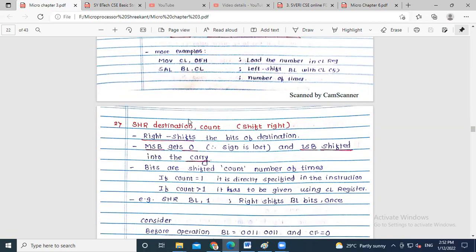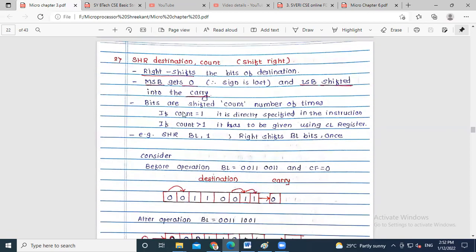Okay. So the next one is SHR, right shift. Here also we have to use one count and one destination with a shift right. For that, it shifts the bits of the destination. The MSB gets 0 and the LSB is shifted into the carry. So the bits are shifted count number of times, and if the count is equal to 1, then it is directly specified in the instruction. If the count is greater than 1, then it has to be given using the CL register.